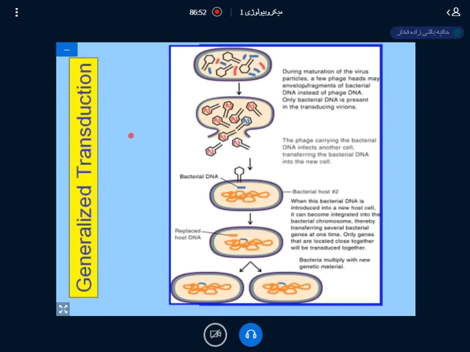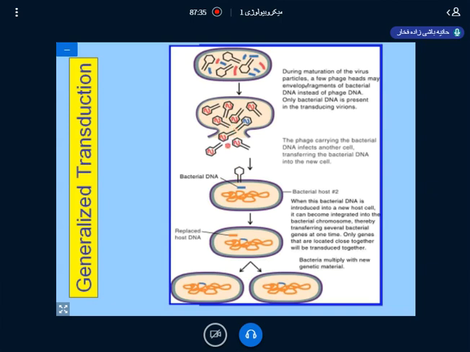Okay, we have some new cell with bacteriophage and DNA, you know? Yes. During the maturation of virus particles, a few phage heads may involve fragments of bacteria DNA inside the phage DNA. Only bacteria DNA is present in the transduction period, and they go outside the cell and can infect another cell like this.